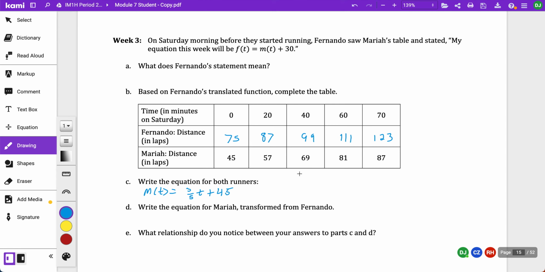Now I'm unsure if they want us to have this as built on Mariah or independently. So if it was independently, f of t would equal 3/5 t plus 75. Or 100% acceptable, we could have put f of t is equal to m of t plus 30. Now, I guess technically we could have done m of t equals f of t minus 30 as well.